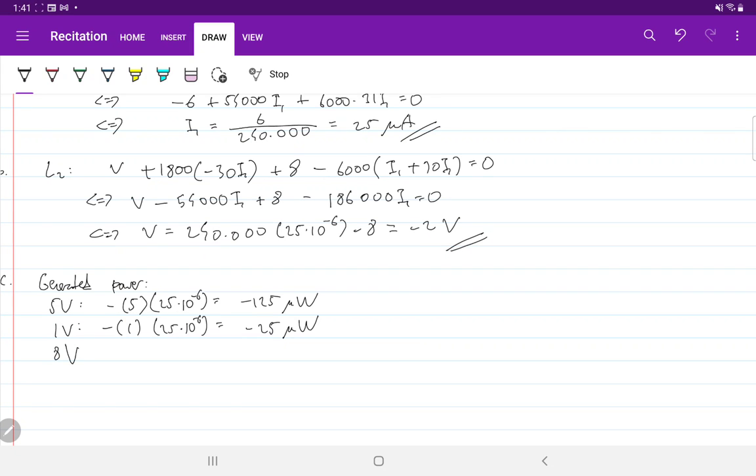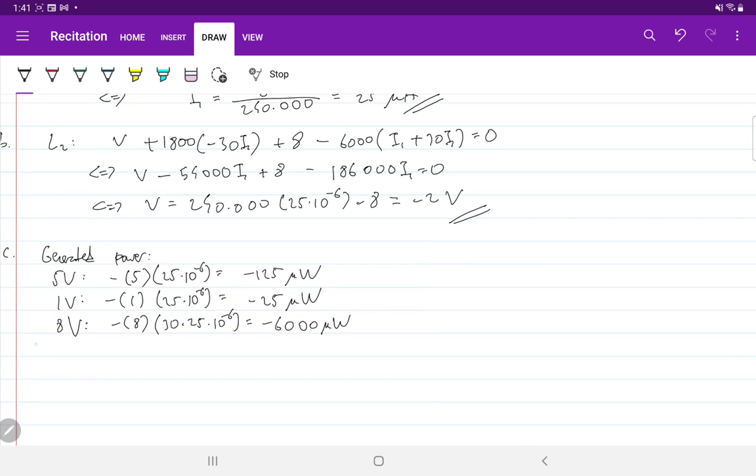For the 8 volt, you have minus 8, but the current is 30 times 25 micro, which is actually minus 6000 microwatts. And for the dependent current source, the voltage is minus 2, the current is 30 times 25 micro, which is minus 1500 microwatts.